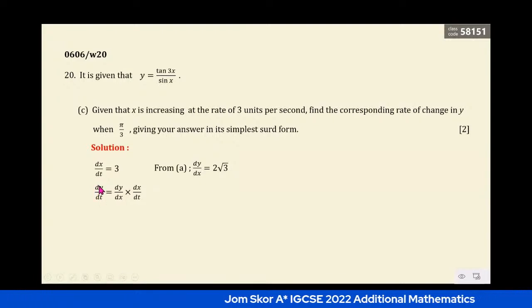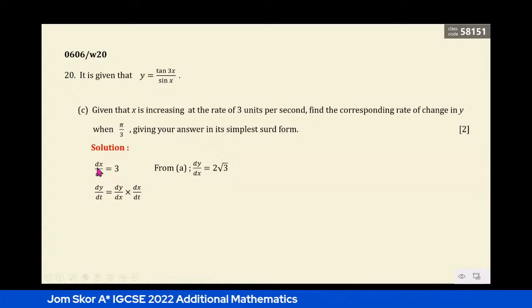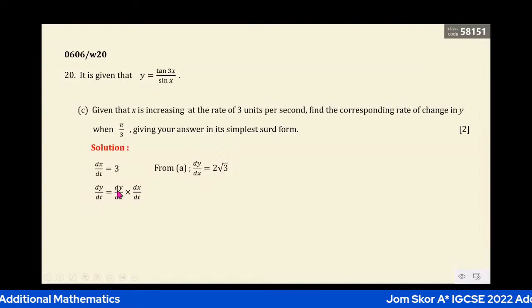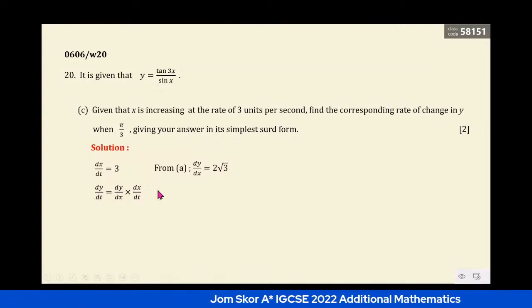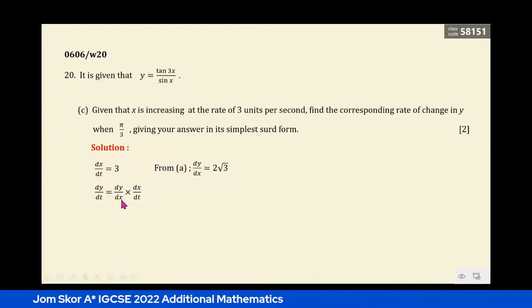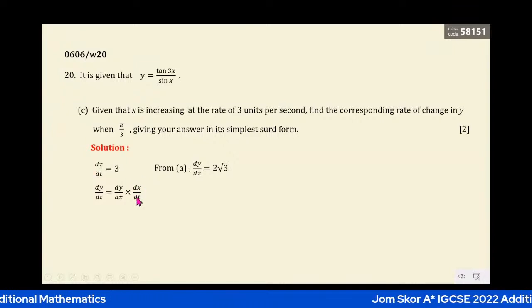To find dy/dt, we have dy/dx and we have dx/dt, so we use the chain rule. dy/dt is equal to dy/dx multiplied by dx/dt.